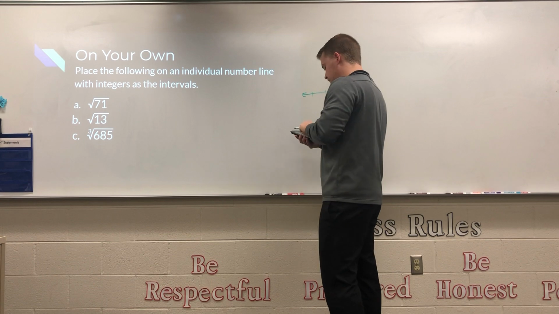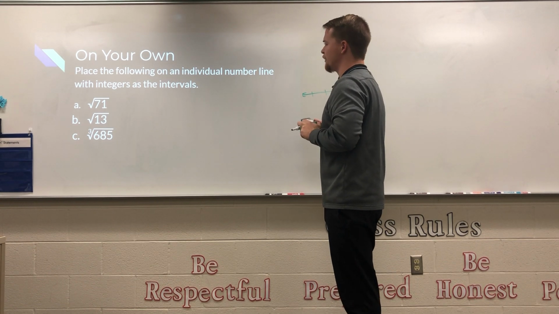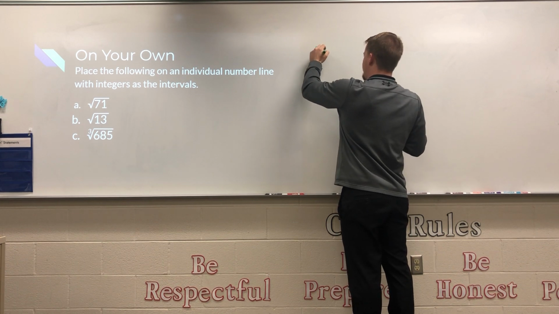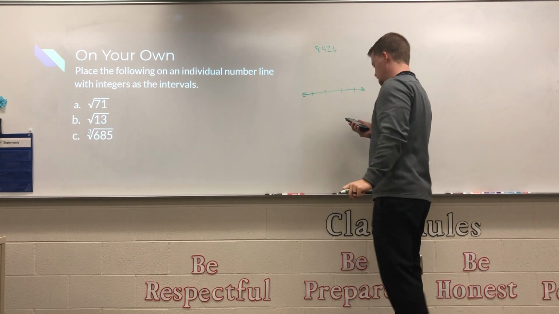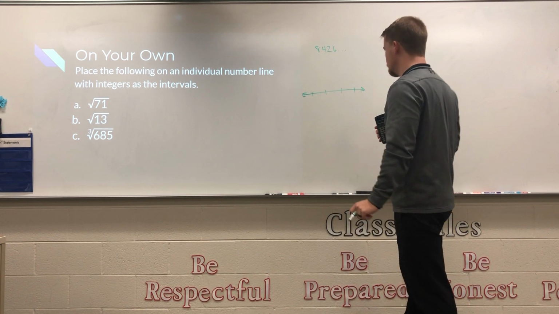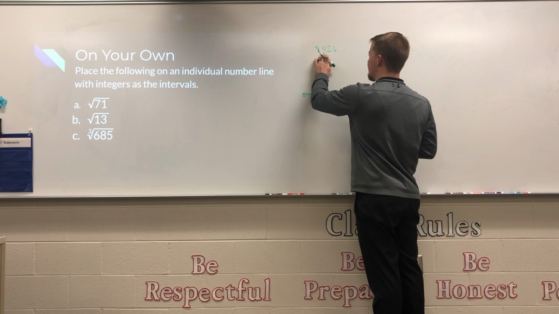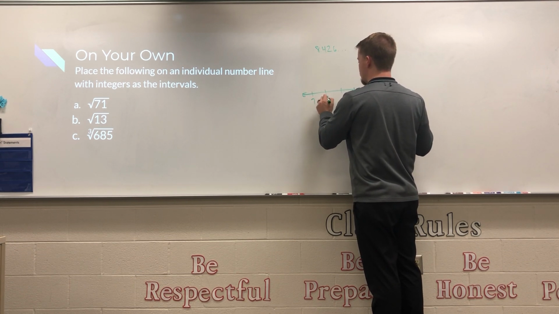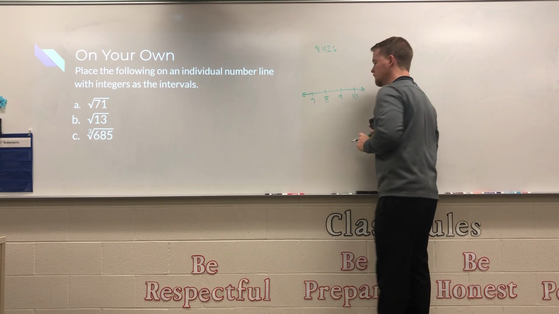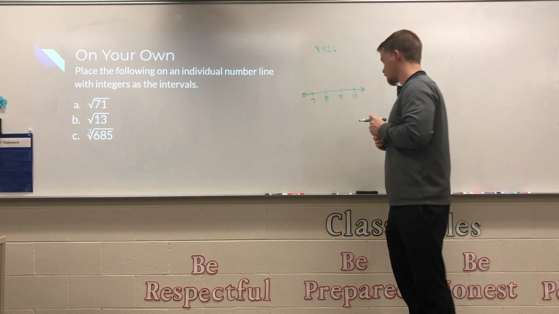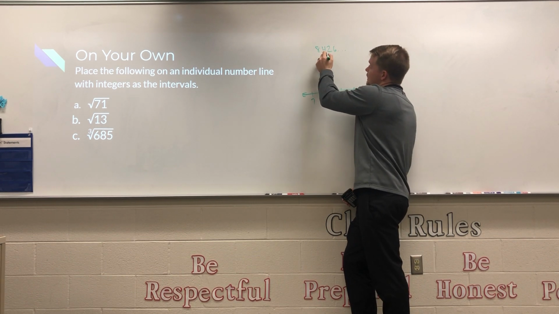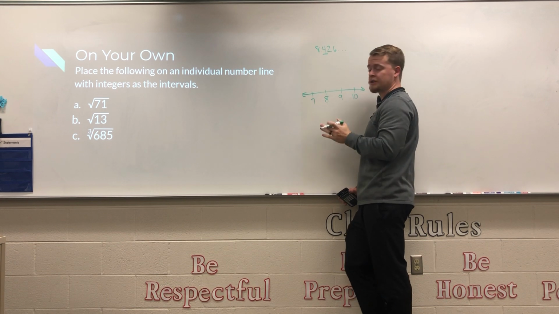Hopefully you've had time to try these. So the first one, 71, its square root is 8.426... So we know it's going to be between 8 and 9. So I'll just start at 7, 8, 9, 10. So again, I'm looking at that tenths place really to see where it falls on that number line.